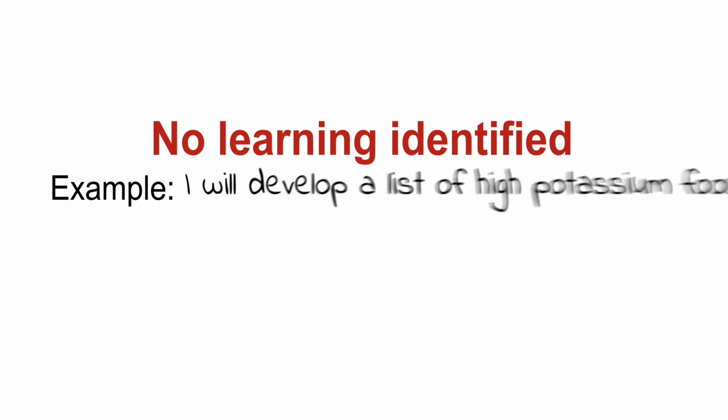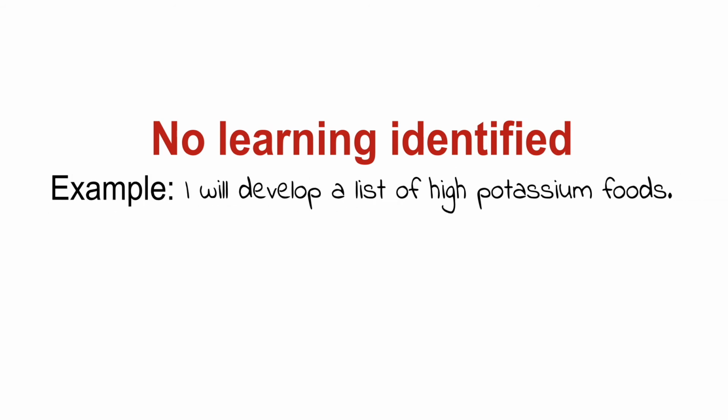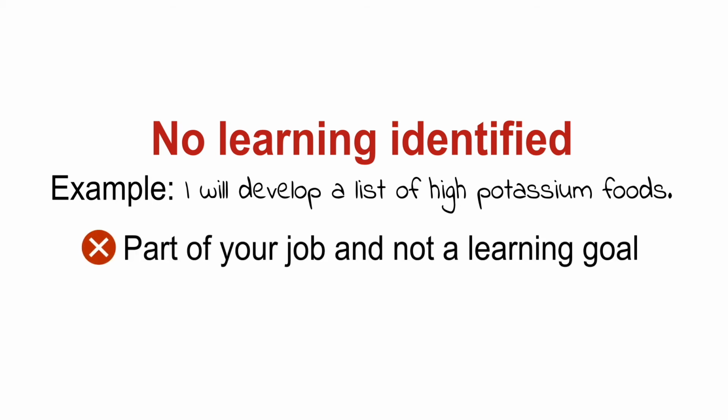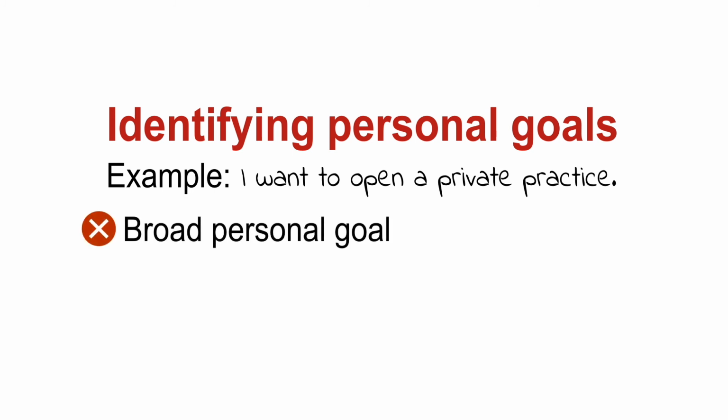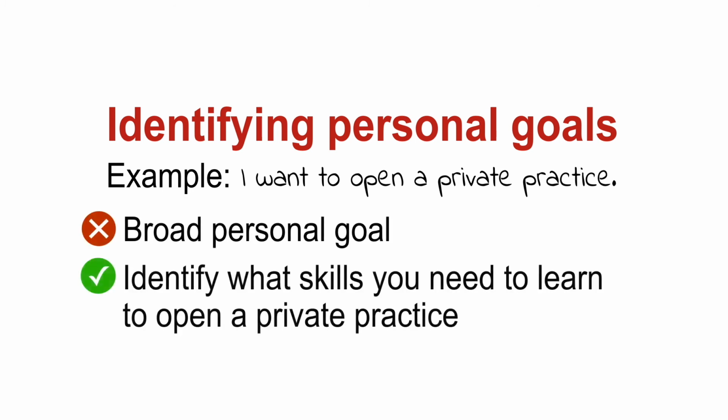For example, I will develop a list of high potassium foods. This is a part of your job and not a learning goal. Identifying personal goals. For example, I want to open a private practice. This is a broad personal goal. Identify what skills you need to learn to open a private practice.